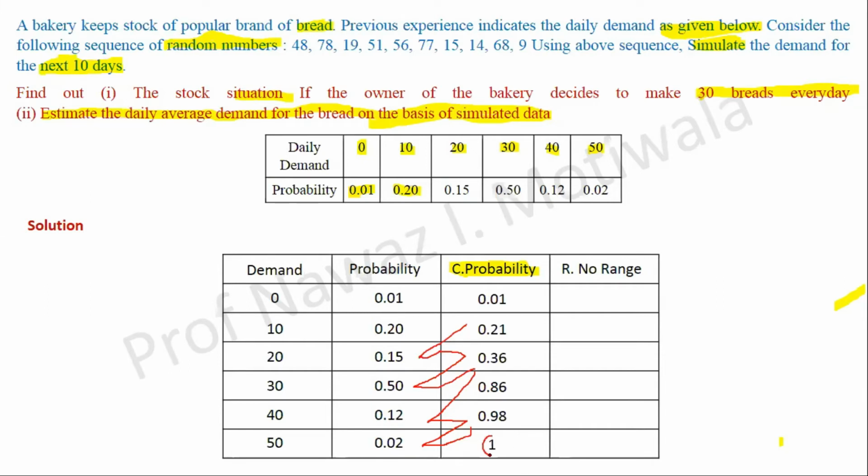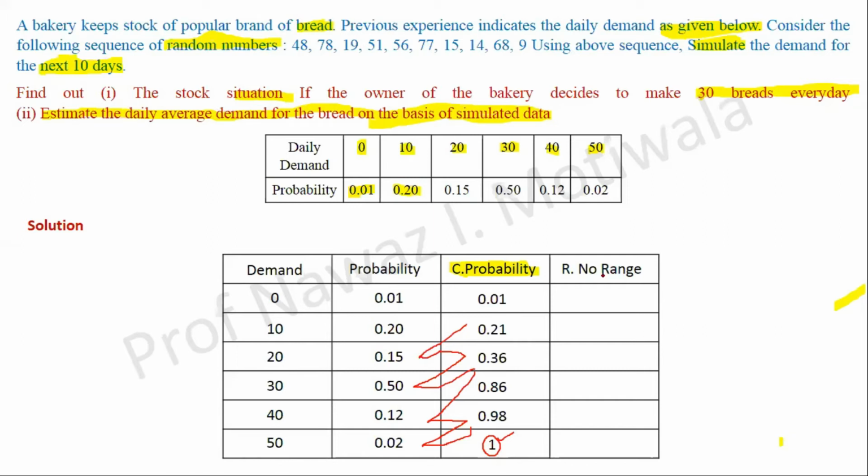You will always get this answer as 1, because we know that the total probability for any event should always be equal to 1. So this is also a checkpoint for all of you: if you don't get 1 here, there might be some mistake in your above calculation. You should always get 1 in the cumulative probability column.